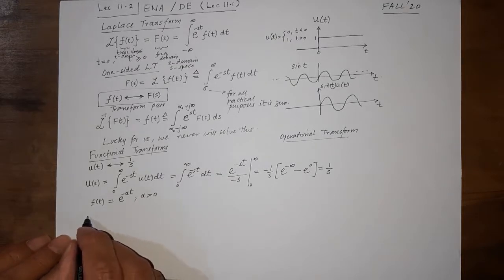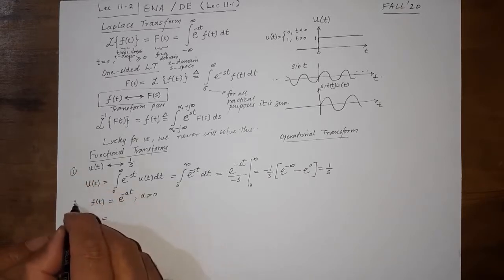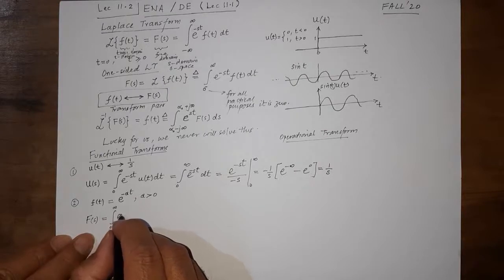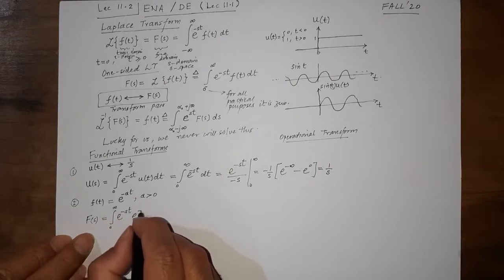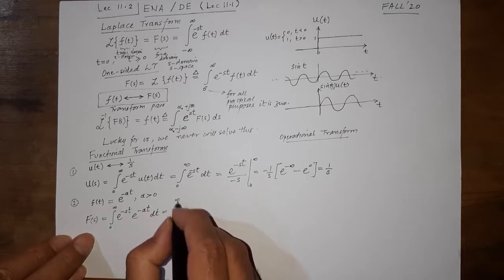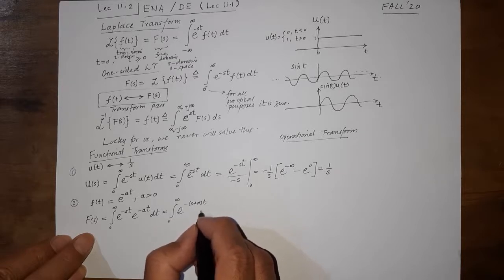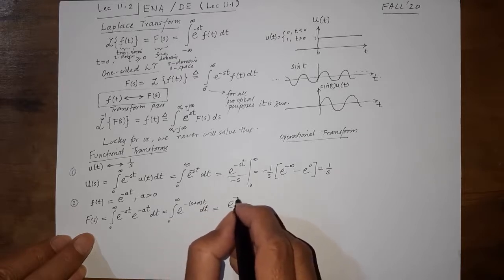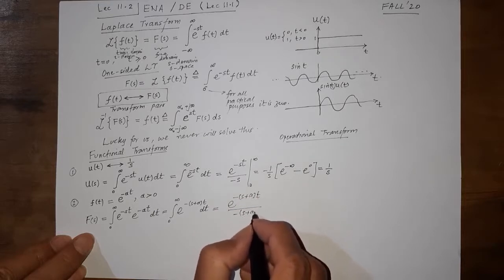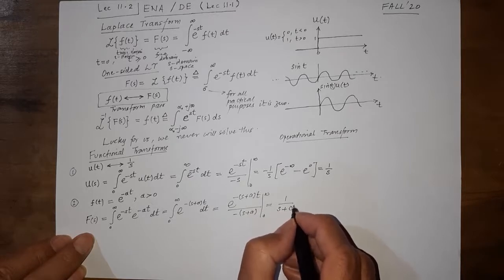So by definition, F(s) for this function is the integral from 0 to infinity of e raised to the power minus st multiplied by e raised to the power minus at dt, which is the integral from 0 to infinity of e raised to the power minus (s plus a)t dt, which is e raised to the power minus (s plus a)t over minus (s plus a), limits 0 to infinity, which we know is going to be solved to 1 over s plus a.